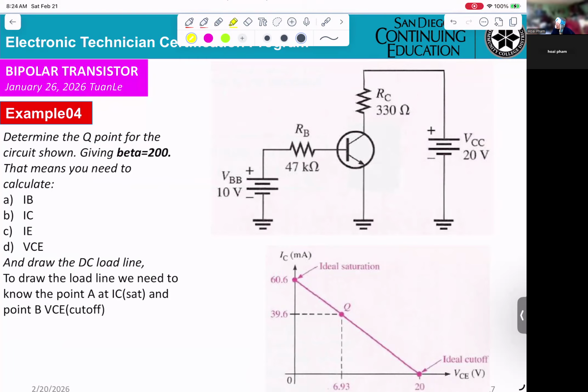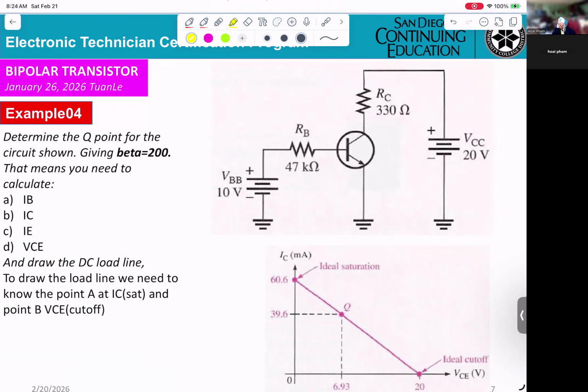Let's see, IB, easy: VBB minus 0.7, divided by RB. IC equals IB times beta, beta equals 200.